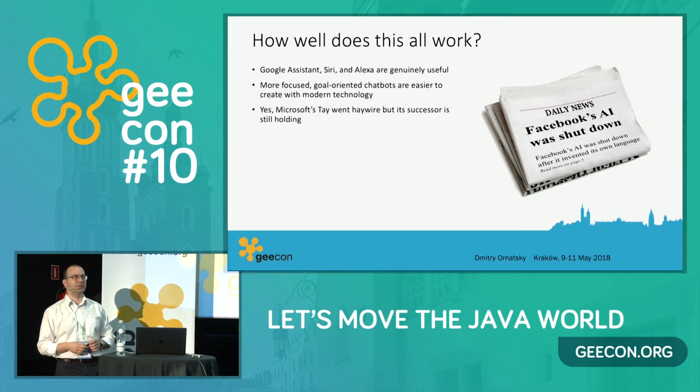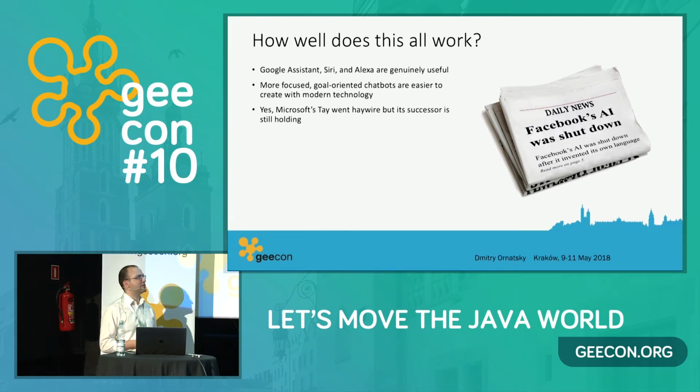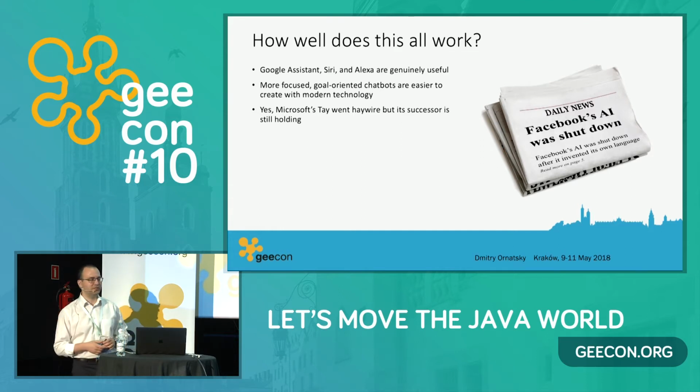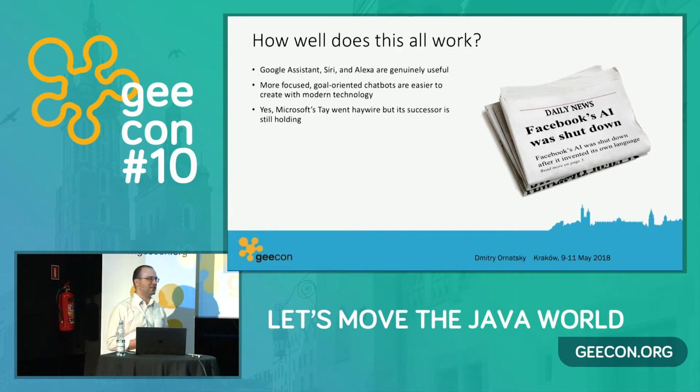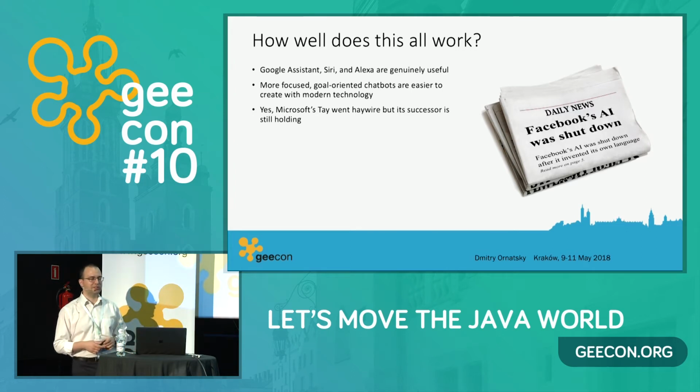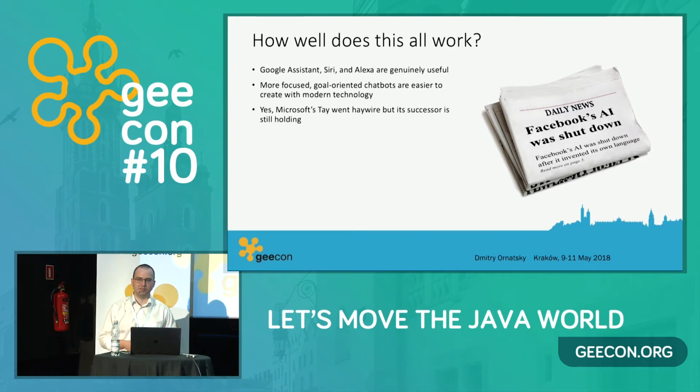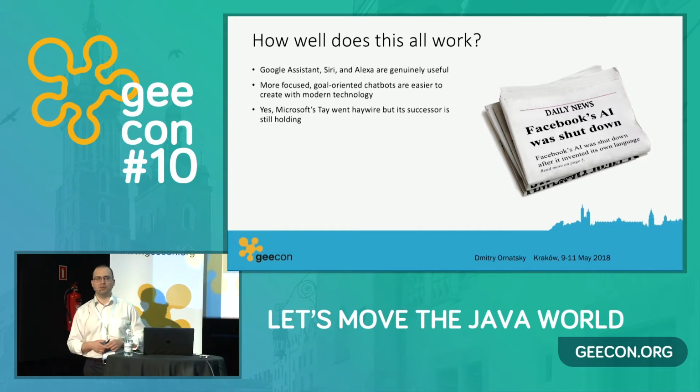That happened once or twice at least. One example is Microsoft Tay, which they deployed on Twitter. They quickly shut it down, and as far as I know, its successor is much more pleasant to talk to. So they kind of suppressed these parts of the chatbot's brain that were responsible for racist slurs.